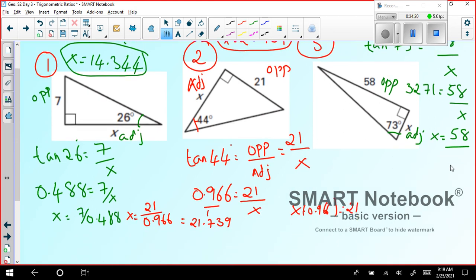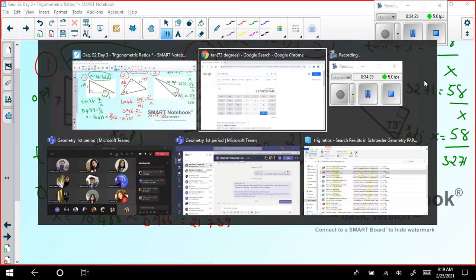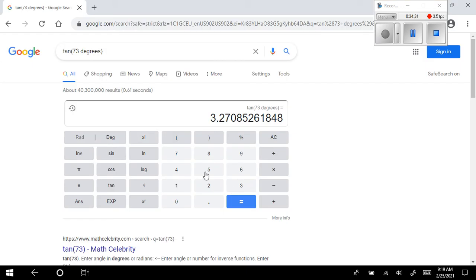Emma, please check your answers once more. So I'll get 58 over 3.271 as the final answer, and that is going to be 17.731.